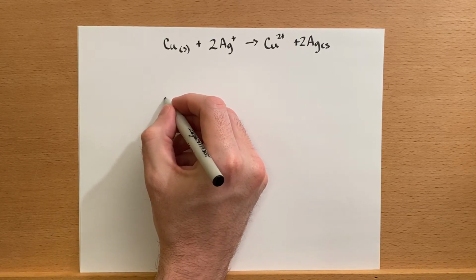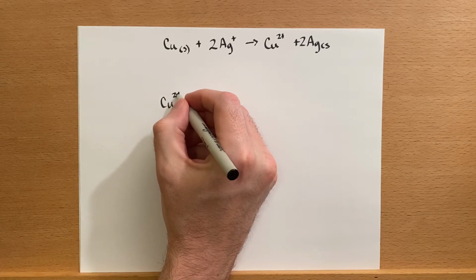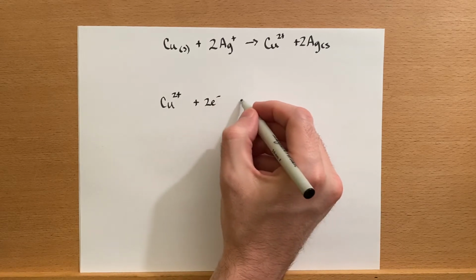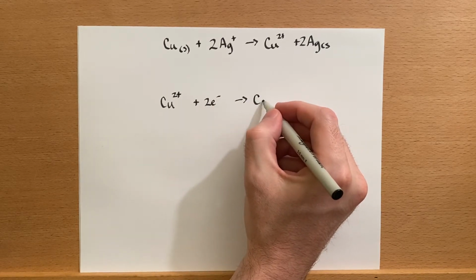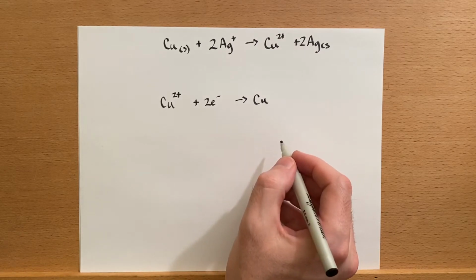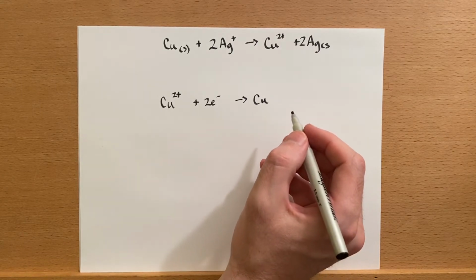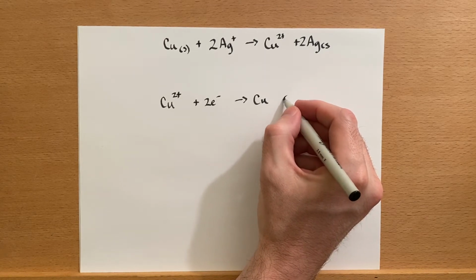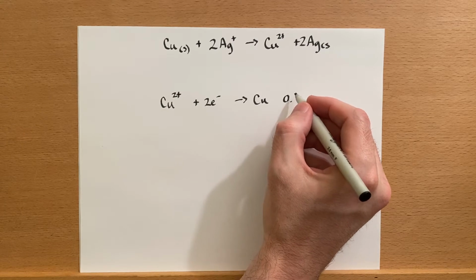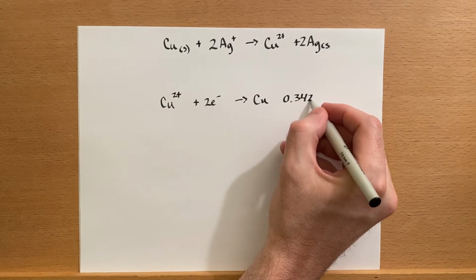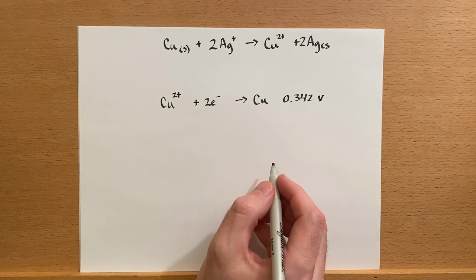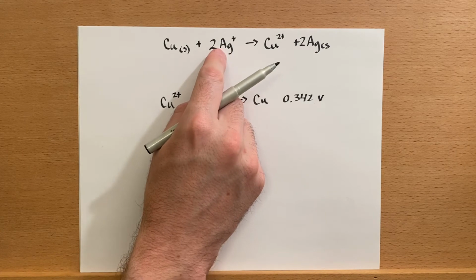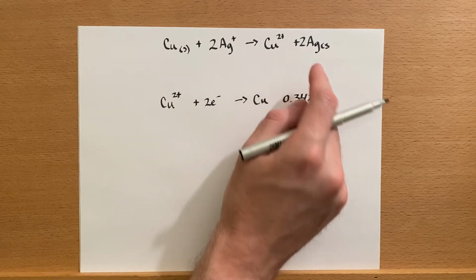We'll have copper 2+, which is aqueous, plus 2 electrons going to copper metal. And in the table, we would notice that this has a standard reduction potential voltage of 0.342 volts.